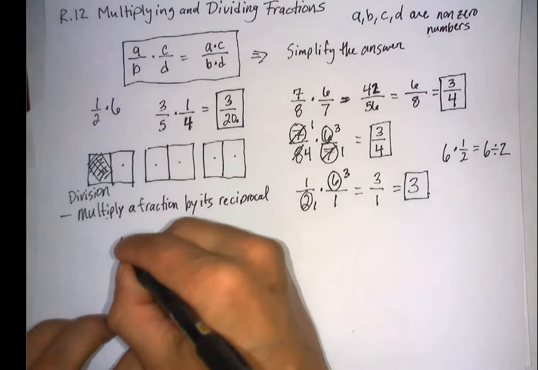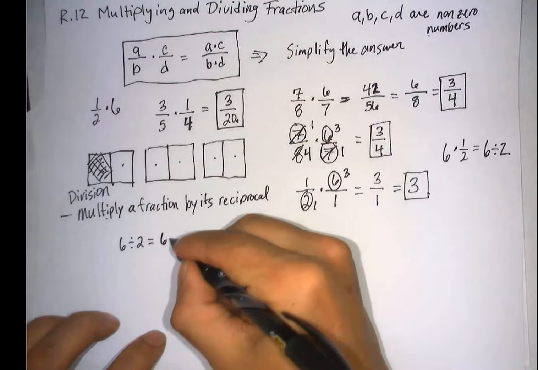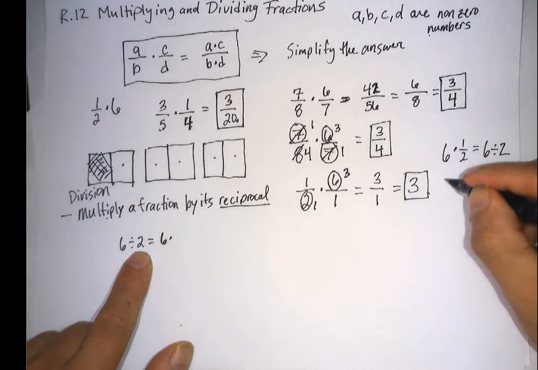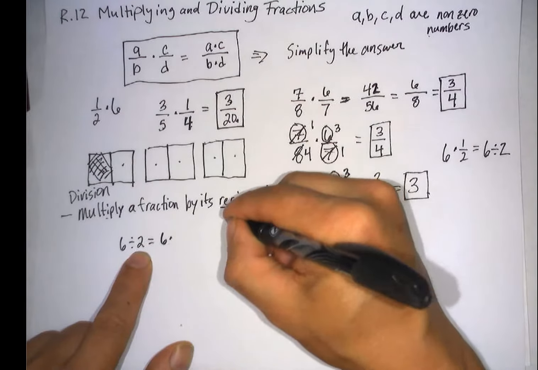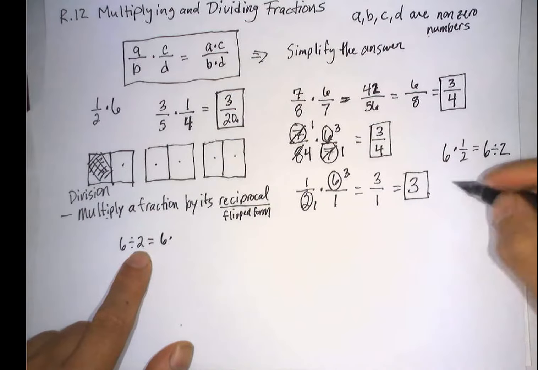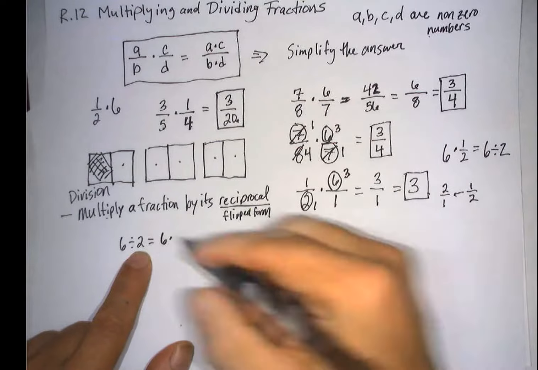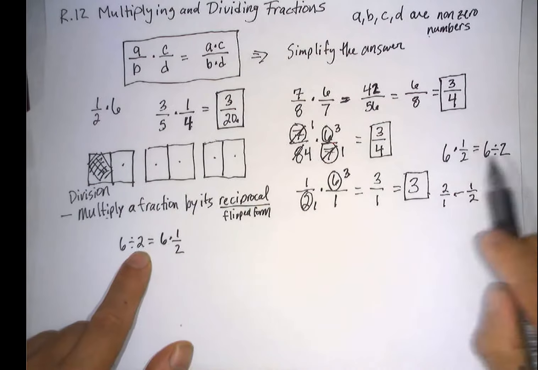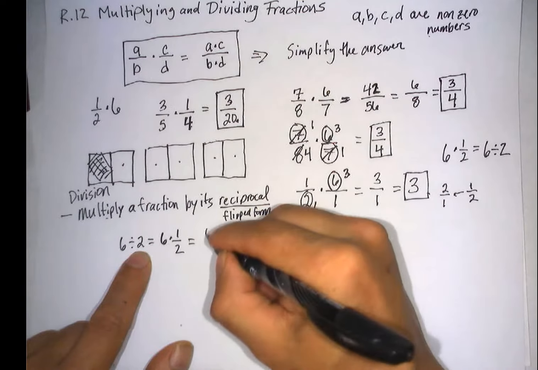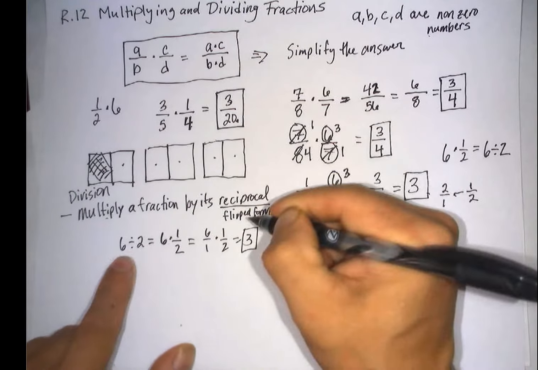If I had 6 divided by 2, this is 6 times, well, what is the reciprocal? The reciprocal is the multiplicative inverse, or it's the flipped form of the fraction. So 2 over 1, the reciprocal would be 1/2, which is what those are. They're reciprocals, which is 6 over 1 times 1 over 2, which is 3, which is 6 divided by 2.